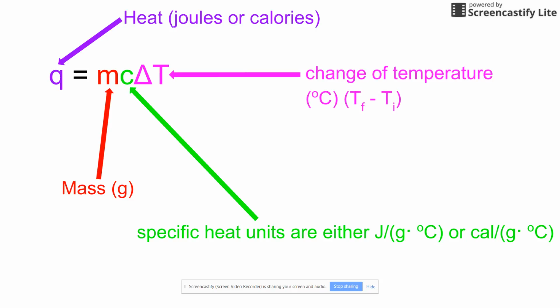Delta T: this triangle means delta, from the Greek alphabet. It means change in science, so delta T means change of temperature, in degrees Celsius. You'll have two temperatures, an initial and a final. So it's T final minus T initial.